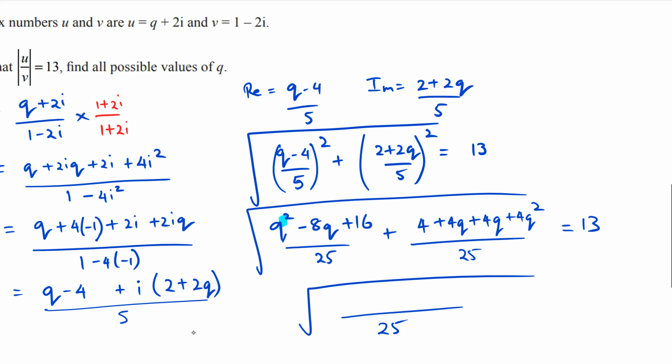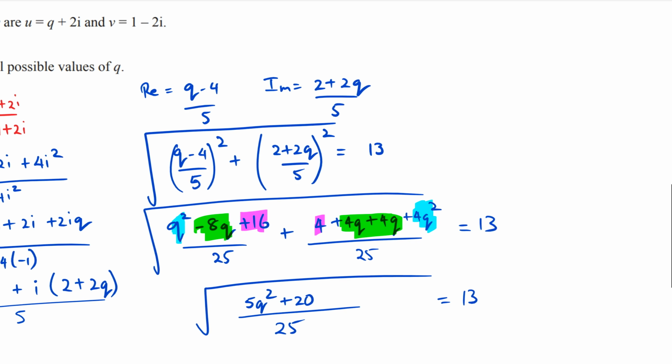Basically I've got q squared plus 4q squared is equal to 5q squared. Then I've got minus 8q, 4q, and 4q will become 0. Then I've got 16 and 4, which makes it 20. And that's all equal to 13 so far.